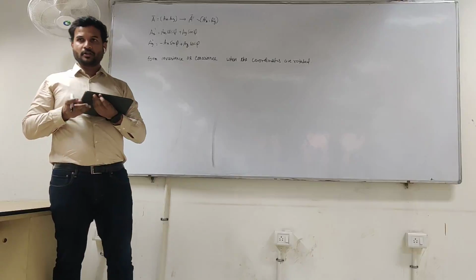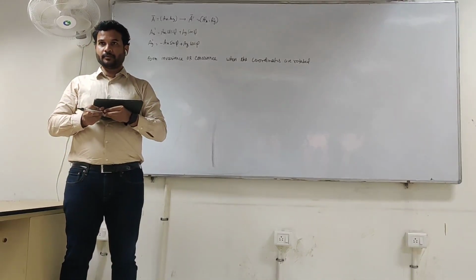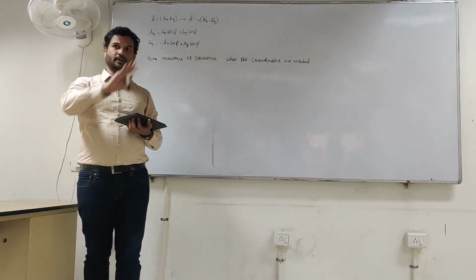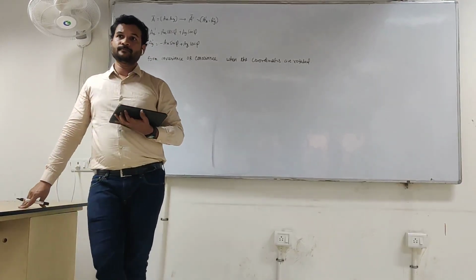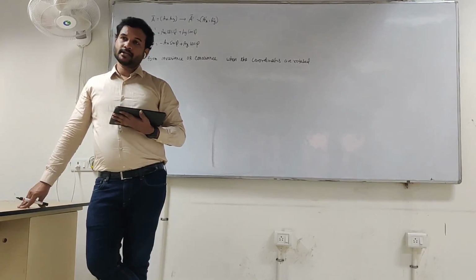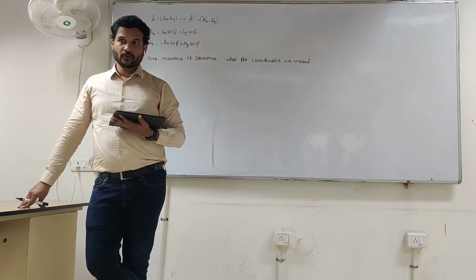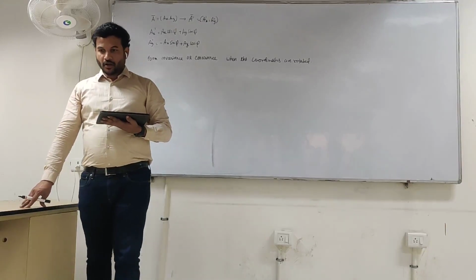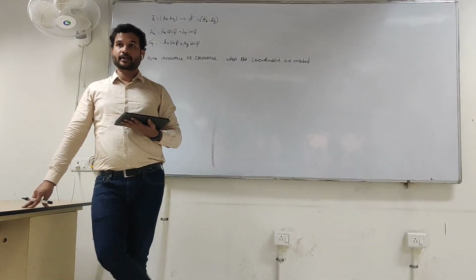So another way to define a vector is as the one which shows form invariance or covariance under the rotation of the coordinate system. This has very large implications when we come to defining vector spaces.